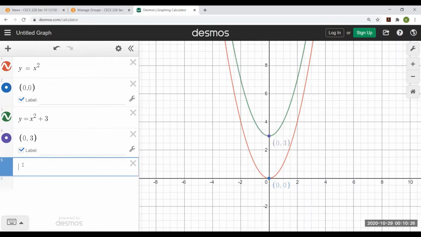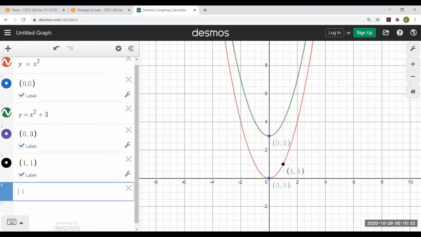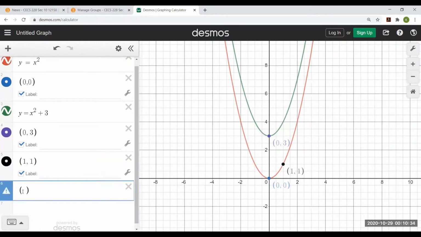Really any other point on the original graph, like 1, 1, is going to shift up by 3 units. So 1, 1 is going to shift up to 1, 4, so this black point is now up here, the red point 1, 4.